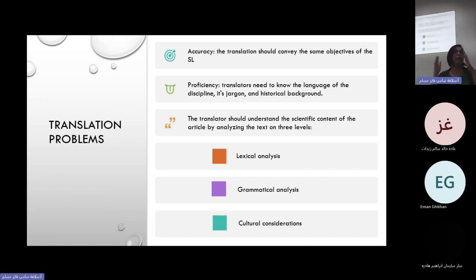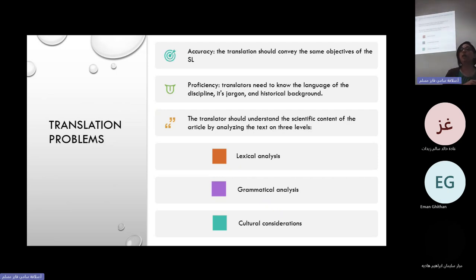All right? هلا, some disciplines use literal translation. Some others use free translation. Okay? And each one has specific regulations or specific things that you can do with them. Okay? The second one is proficiency.